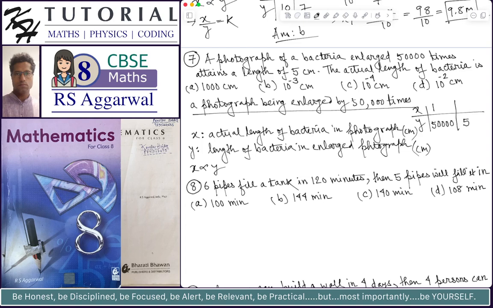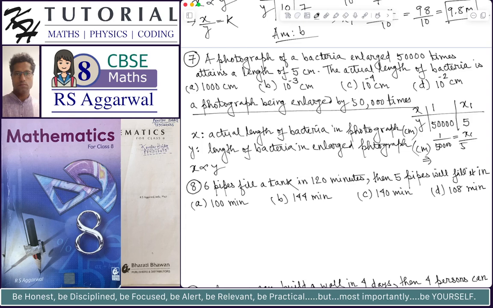Let's say the actual length of the bacteria is x1. So we must have 1 by 50,000 is equal to x1 by 5.